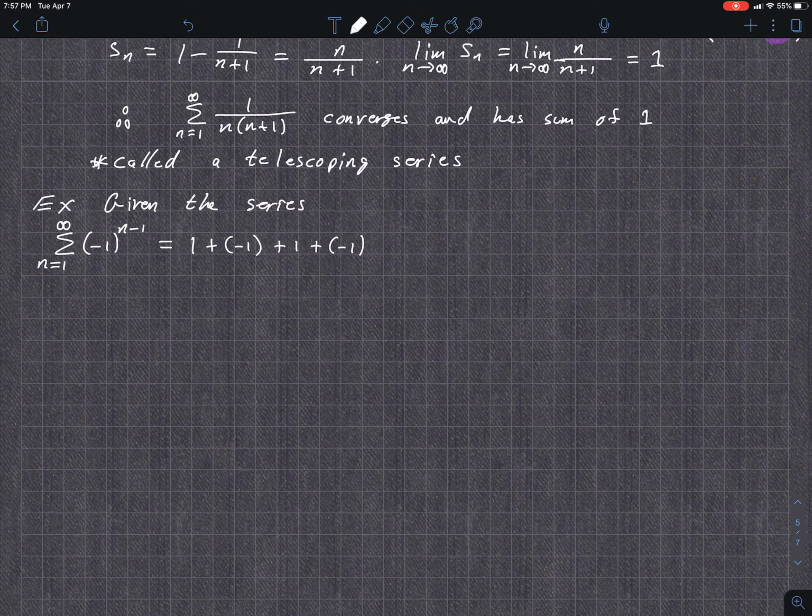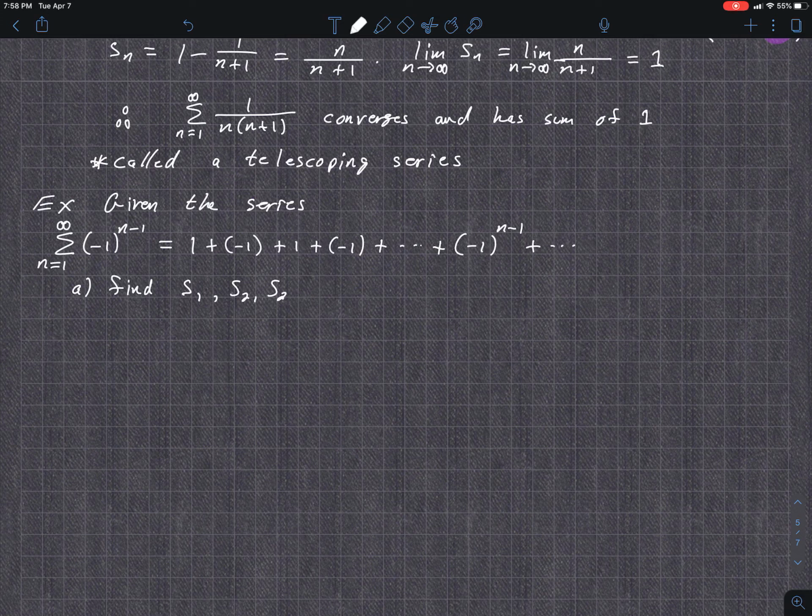So your series looks like 1 plus -1 plus 1 plus -1, and you keep going in that manner. And then your nth term is -1 to the n minus 1, plus etc.